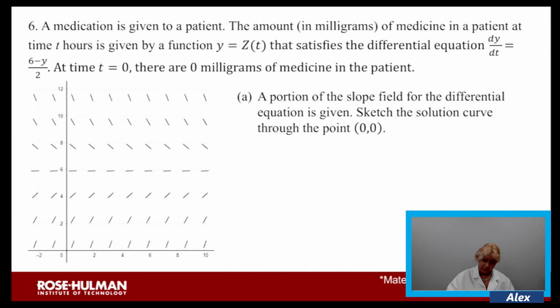Okay, so they give us a point right here. A sketch of the solution curve, given by a function z of t that satisfies dy over dt equals 6 minus y over 2.